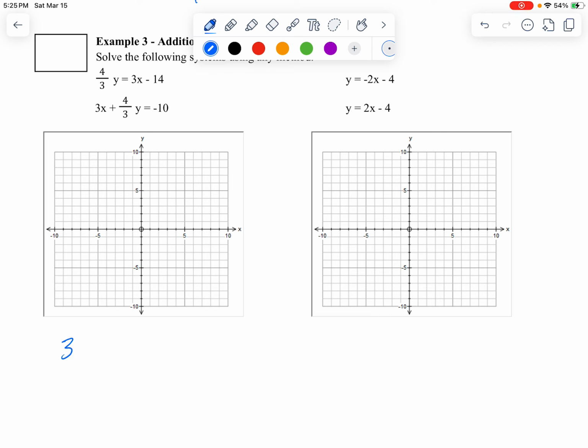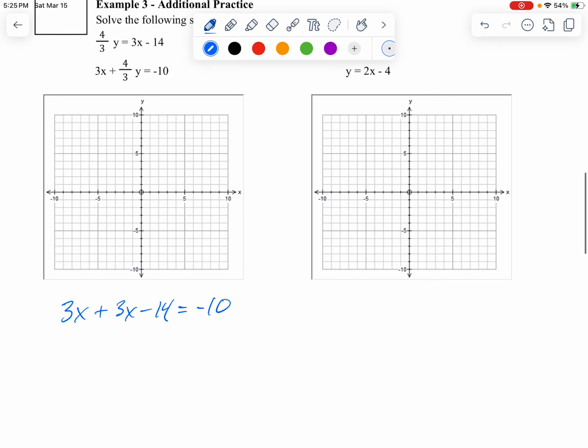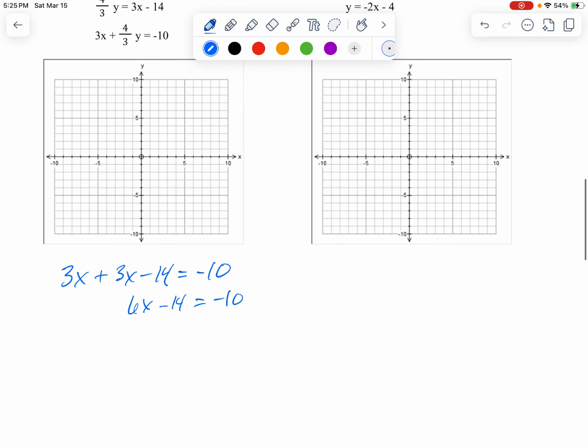So we would end up with 3x plus 3x minus 14 equals -10, which is 6x minus 14 equals -10. Add 14 to both sides, 6x equals 4.